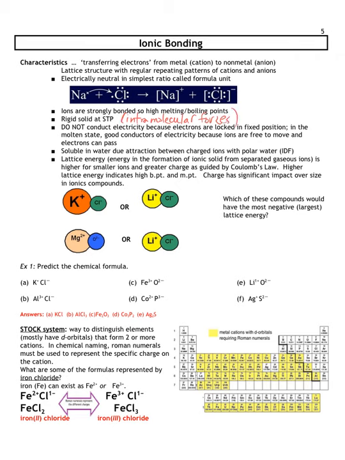They do not conduct electricity unless they've been melted, so they're in the molten, liquid state. They're good conductors of electricity because their ions are freed up, and when you have freed up ions, that's when a substance is conductive. When they're solids, the ions are fixed and locked into place, and so they don't conduct electricity.